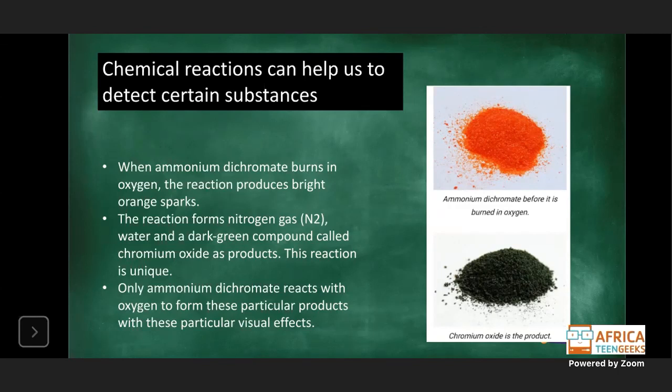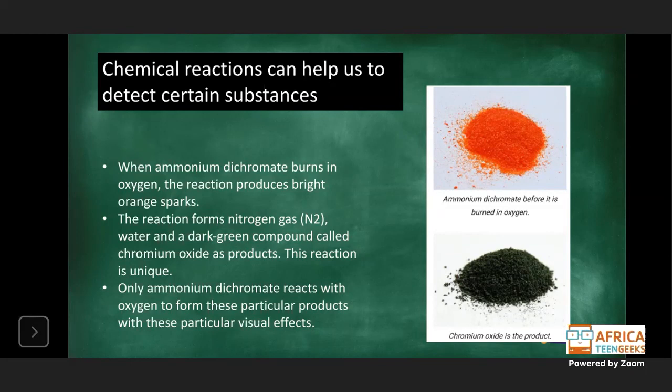All right. So guys, just to sum up what we have learned today: a chemical reaction is when one or more parts of a chemical compound interact with one or more parts of another chemical compound to form substances that are different.